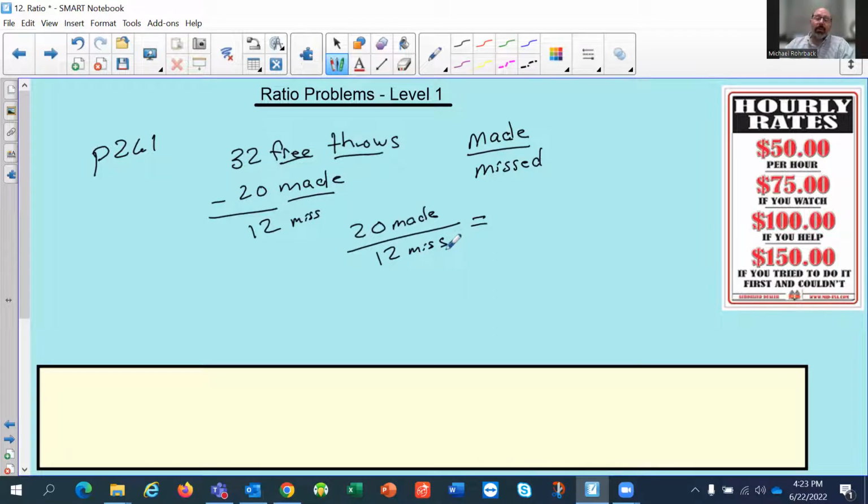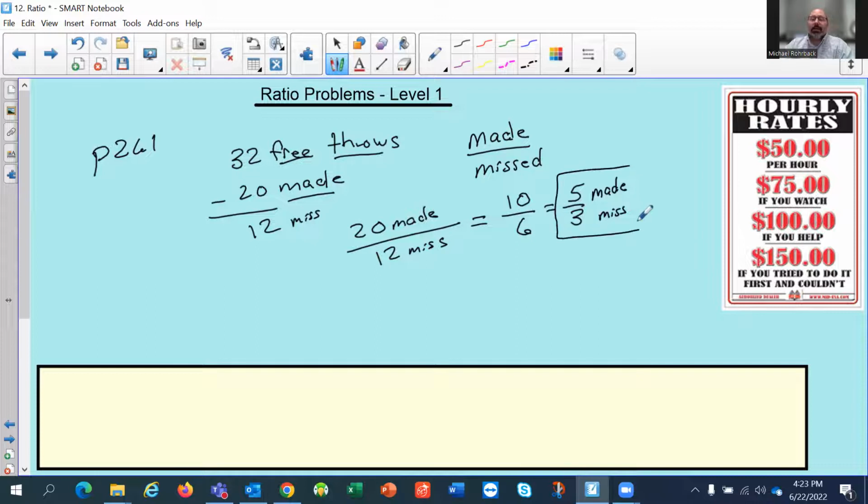Well, they're both even numbers, so I know I can cut them both in half and do 10 over 6. But now they're still both even, so I can cut them in half again and do 5 over 3. That can't reduce anymore. So your correct answer was B, they made 5 for every 3 that they missed.